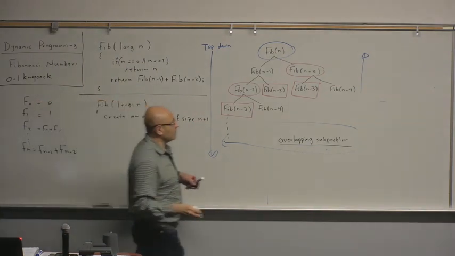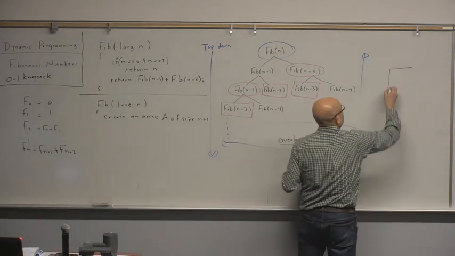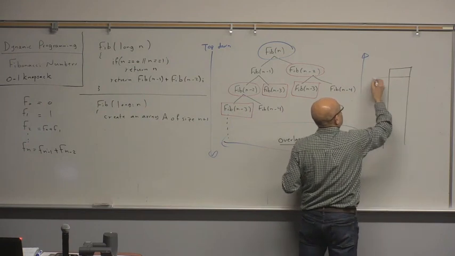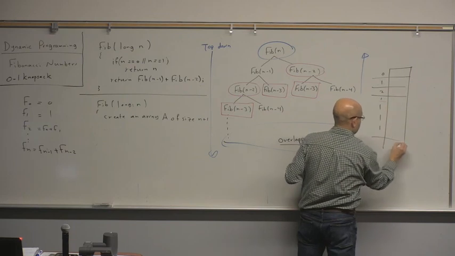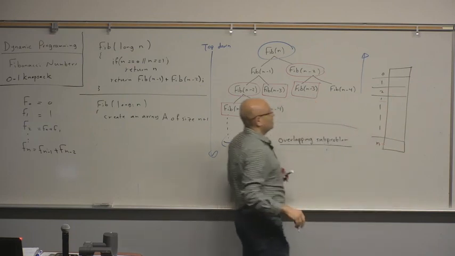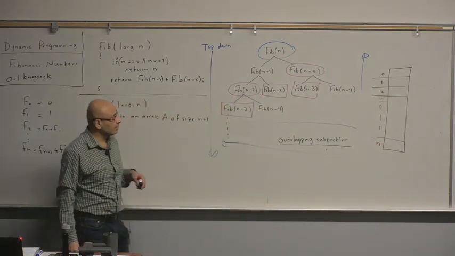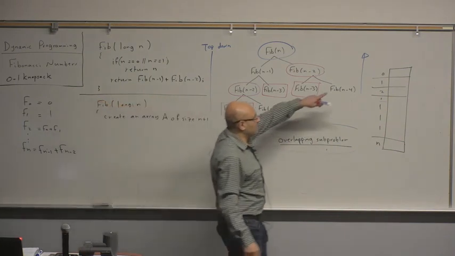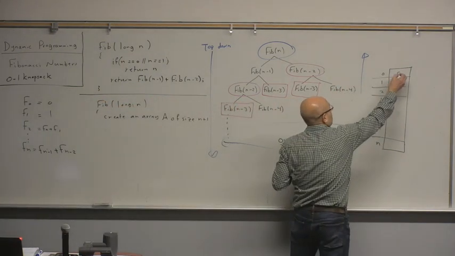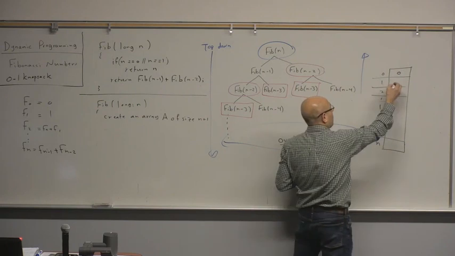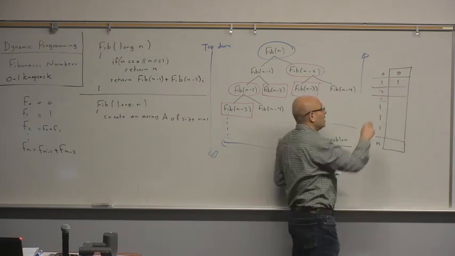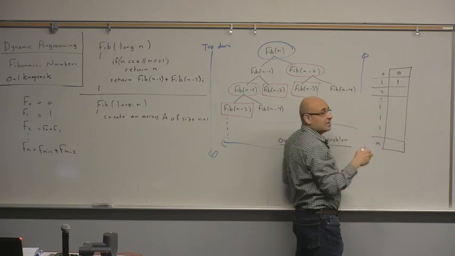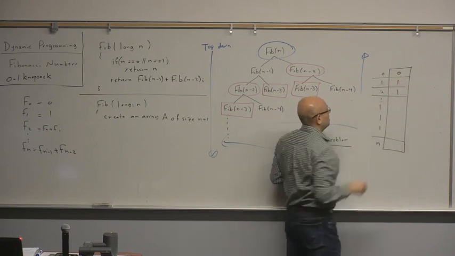Why n plus 1? This is because we need to go from 0, 1, 2 through n. So we need n plus 1. So we can just solve this base problem. Solution is 0. This base problem, solution is 1. Then given these two solutions, we can solve this problem. So it's just the sum of 0 and 1, which is 1.